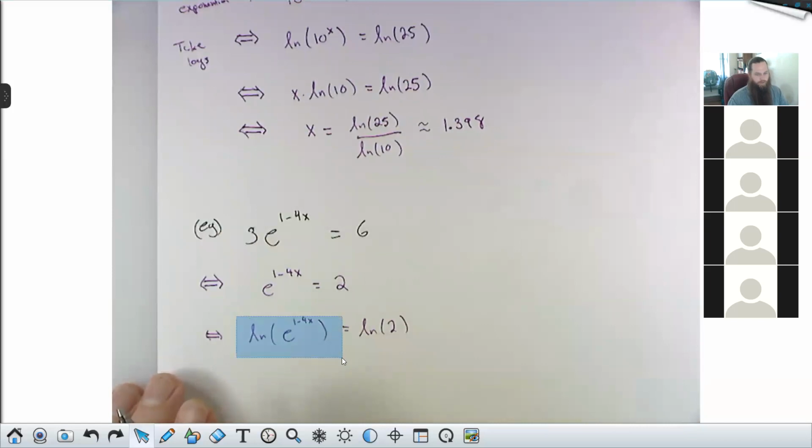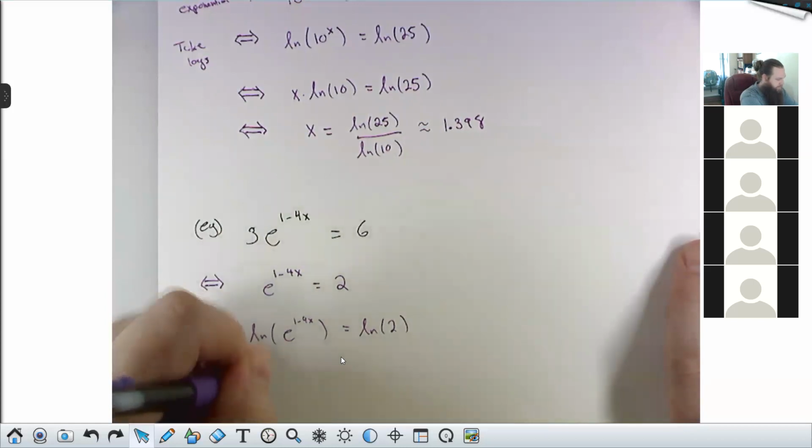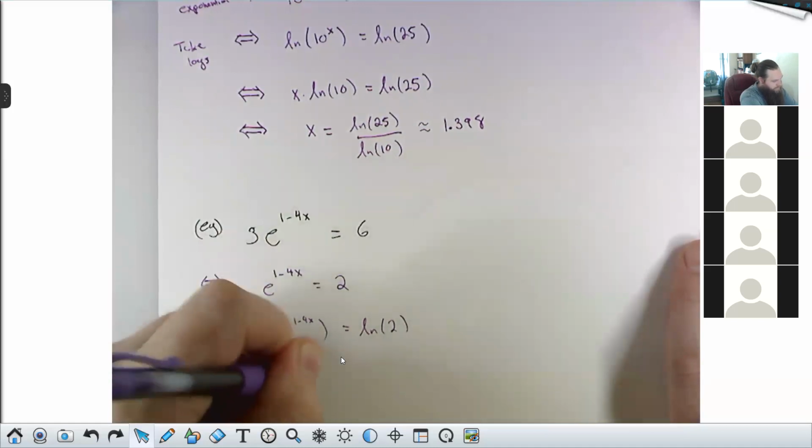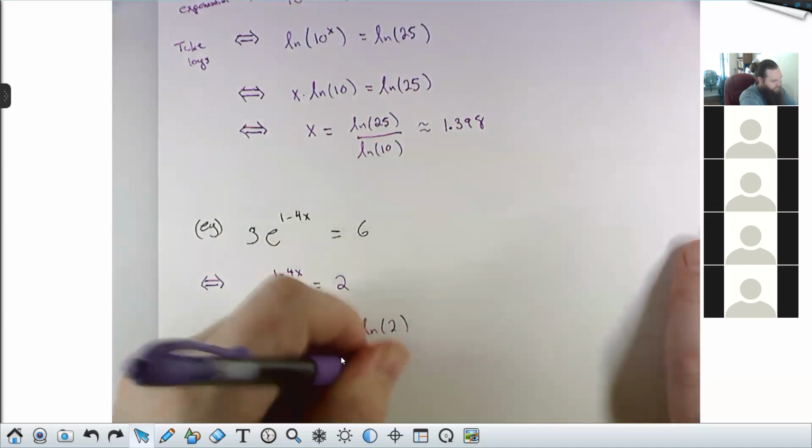On the left-hand side now, I can use that property of logarithms, the same one we've been using, to write this as 1 minus 4x times the ln of e. And over here, I just have the ln of 2.